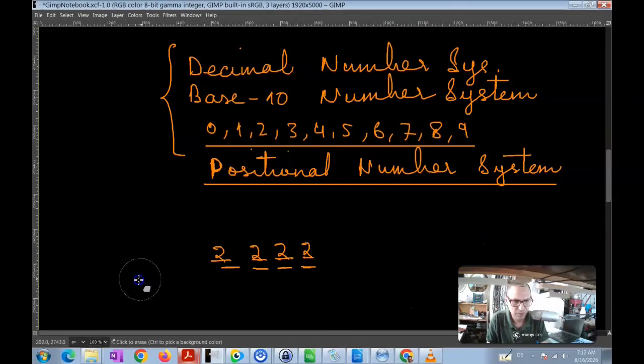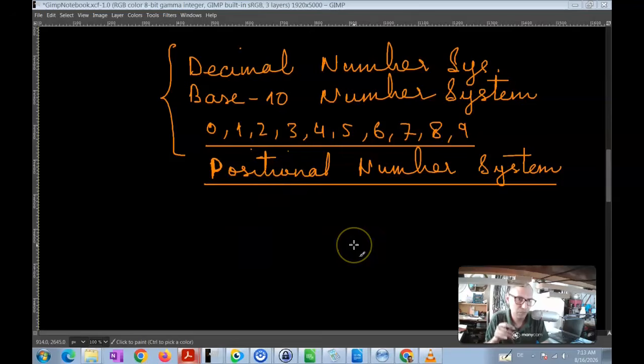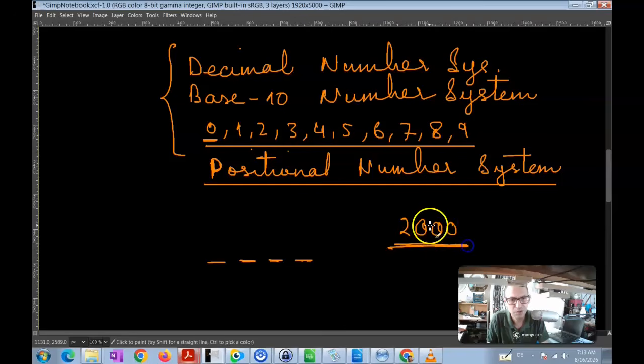Because it's a positional number system, in the decimal number system we have the idea of a 0. The idea of a 0 has to exist, because otherwise you wouldn't be able to make all of these numbers. For example, I want to make the number 2000. That's the ones place value, that's the 10, that's the 100, and that's the thousands place value.